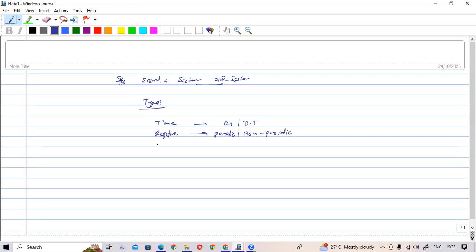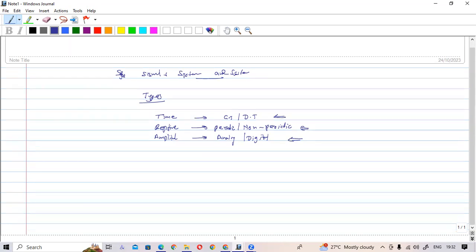And based on the amplitude property, we categorize a signal as analog and digital. I hope you can remember these three types of signals. As a recap, I will quickly tell you.